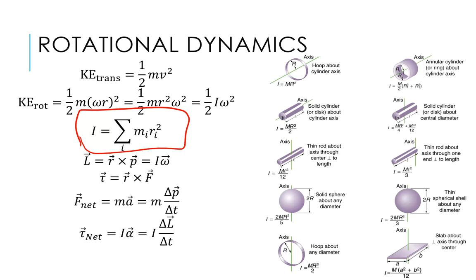So you look at these, and here is a thin rod about an axis at the end, a thin rod about an axis at the center. The center you have ml squared over 12. The end you have ml squared over 3. That's 4 times bigger. So like on the test, you'll have this table. And so you'll have an object. If it's a solid ball, you look up here and you look for the solid sphere about any diameter.